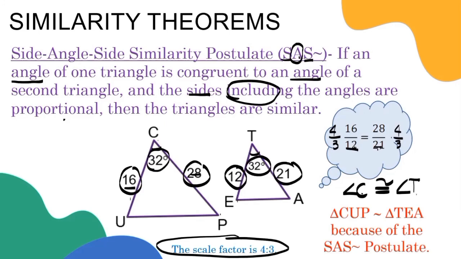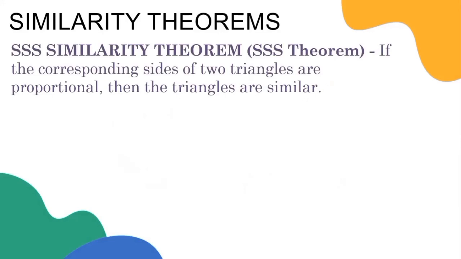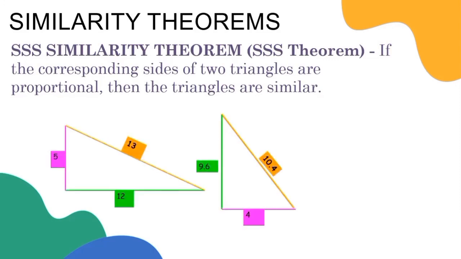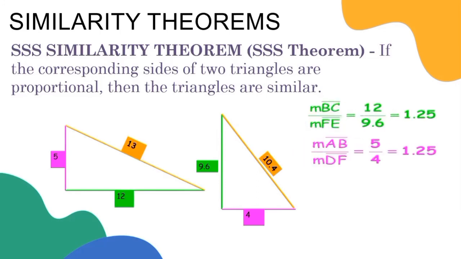Okay, and lastly, for the similarity theorems, we have the SSS similarity theorem. If the corresponding sides of two triangles are proportional, then the triangles are similar. So as you can notice, all three sides were given, and we have here this figure.